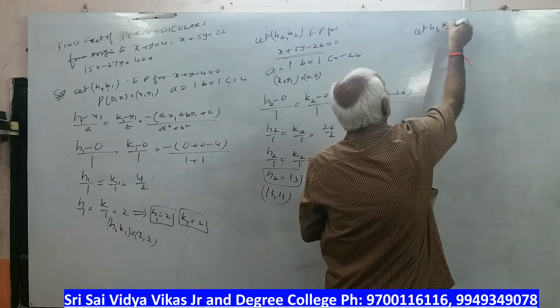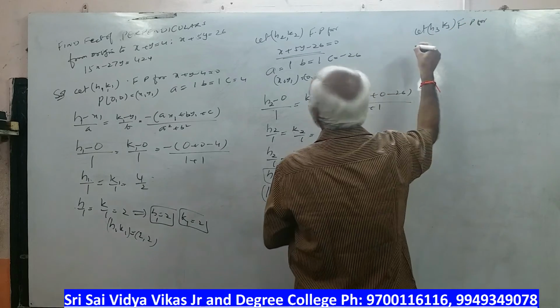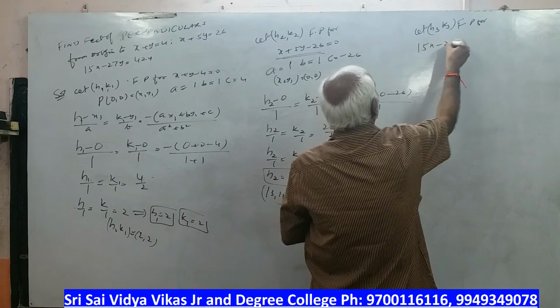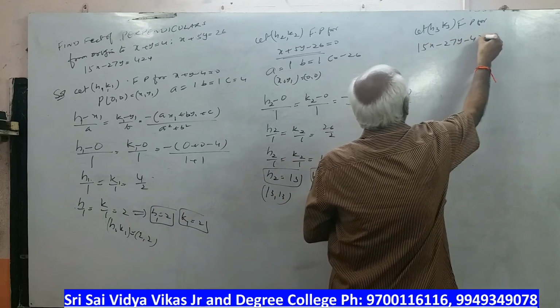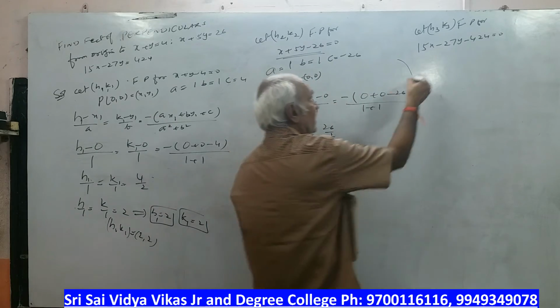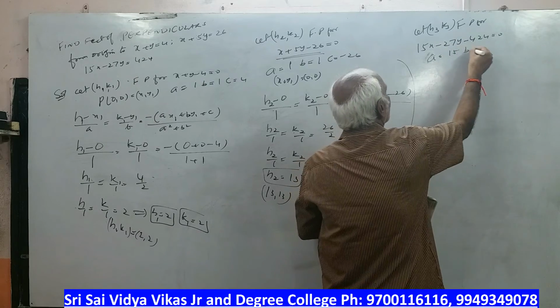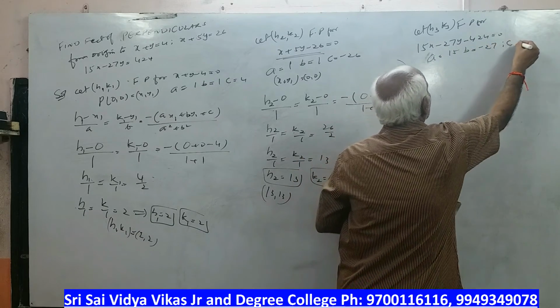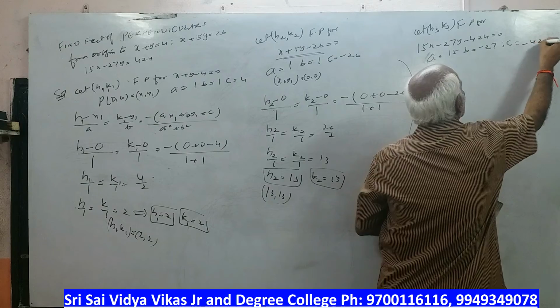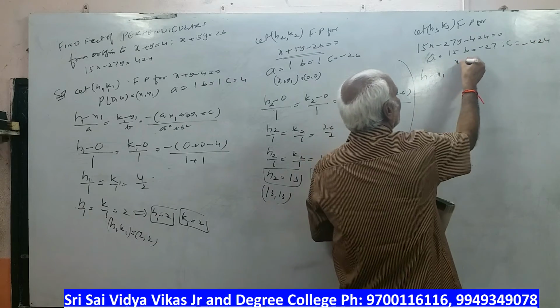Again, let h3 k3 be the foot of the perpendicular for the last equation, 15x minus 27y minus 424 is equal to 0. Okay, so again a is equal to 15, b is equal to minus 27, c is equal to minus 424. Therefore x1 y1 is 0 comma 0.